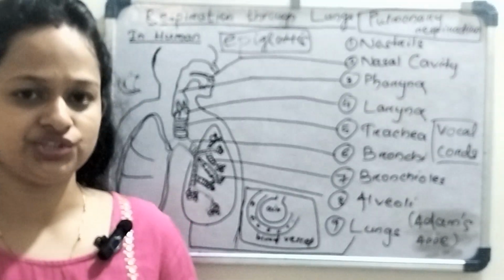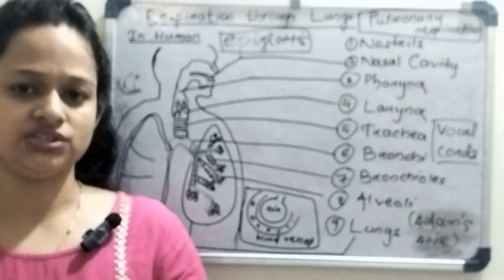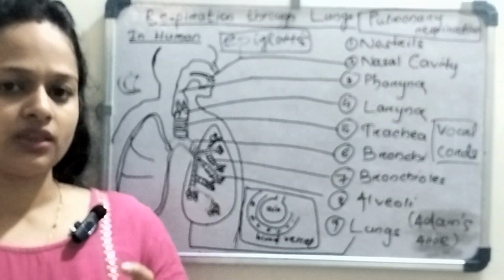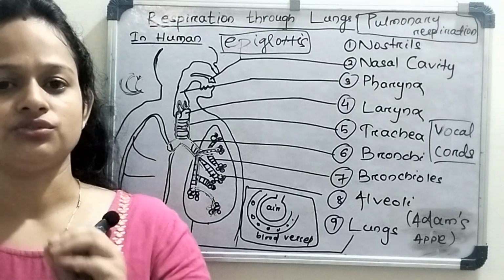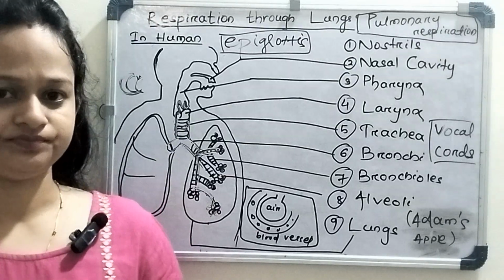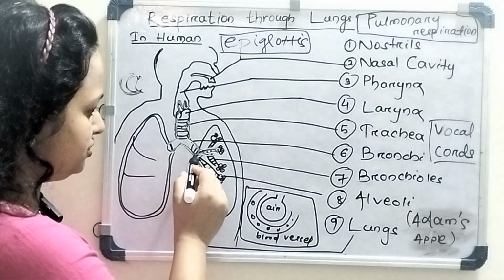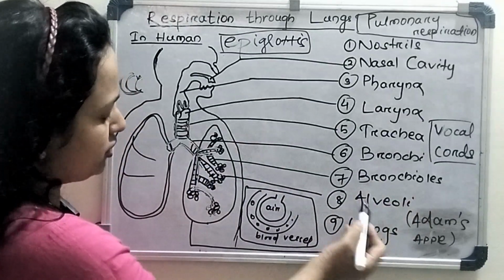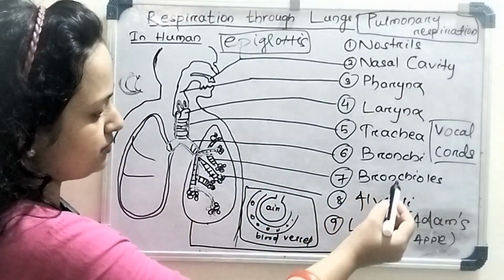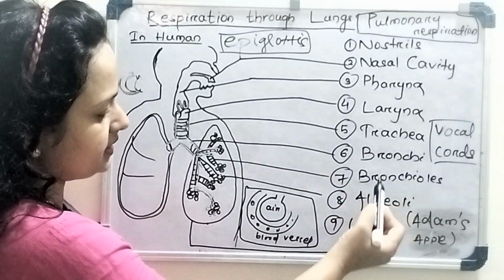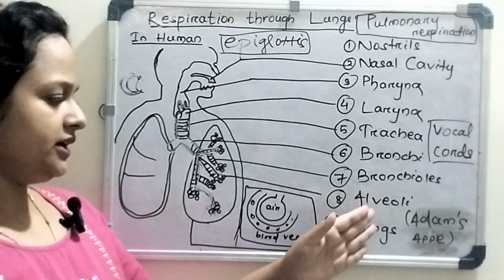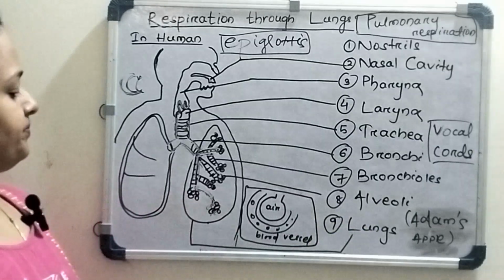The alveoli are tiny balloon-like structures which are the actual surface of gaseous exchange. From the bronchioles the air comes to the alveoli, and from the alveoli to the lungs.